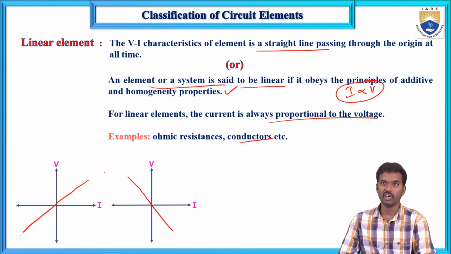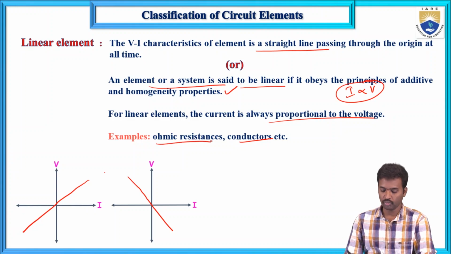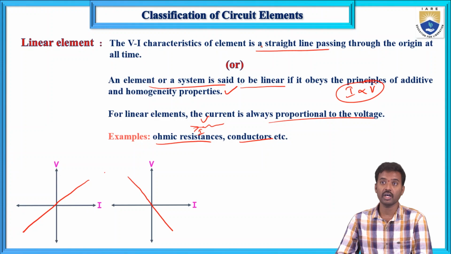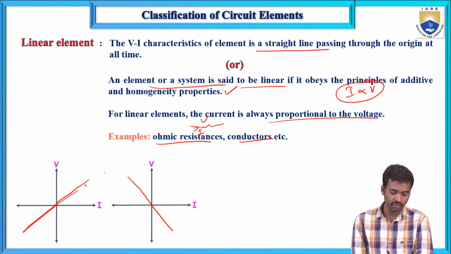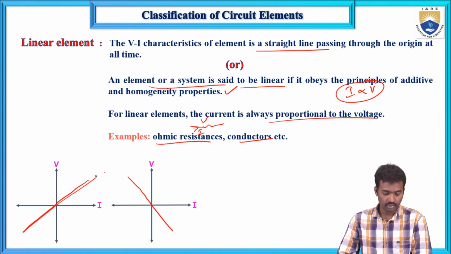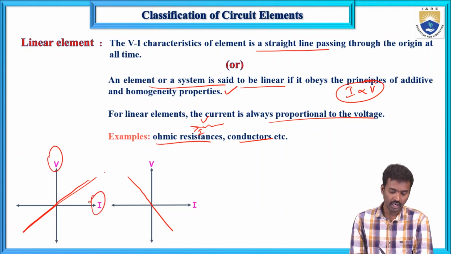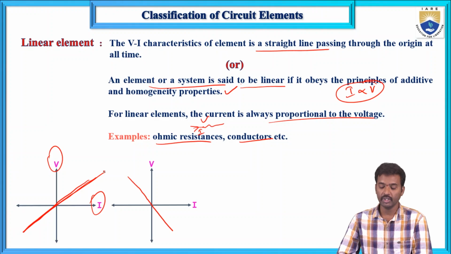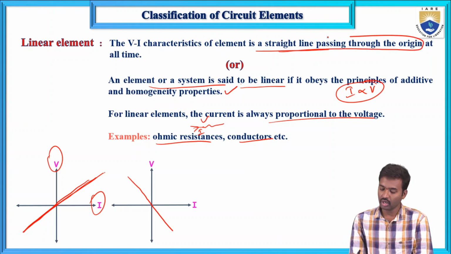If you draw the graph for one element, suppose a resistance, between the voltage across the element and the current through it, the characteristics must be a straight line passing through the origin.